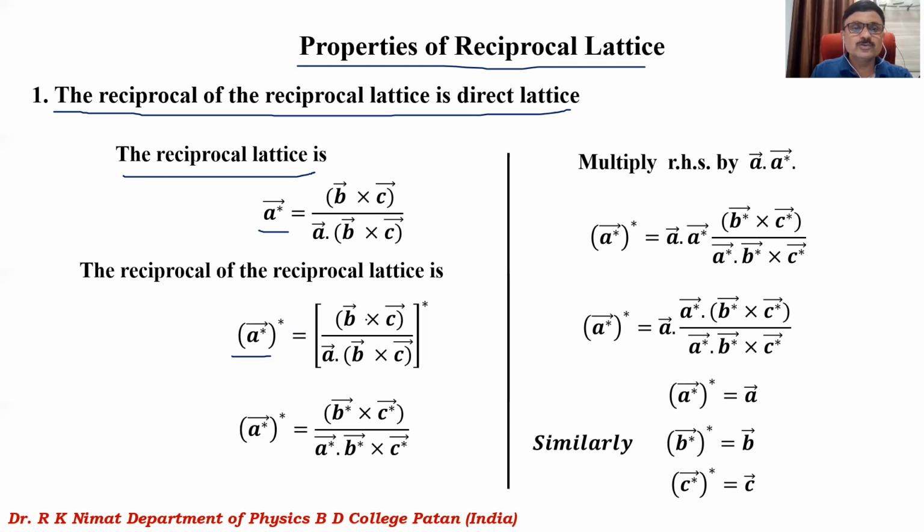So it is equal to, we have to take the reciprocal, means we'll represent it by star, and it will be vector B cross vector C by vector A dot vector B cross vector C, and its reciprocal represented by star. So we can write this RHS as vector B star cross vector C star by vector A star dot vector B star cross vector C star.